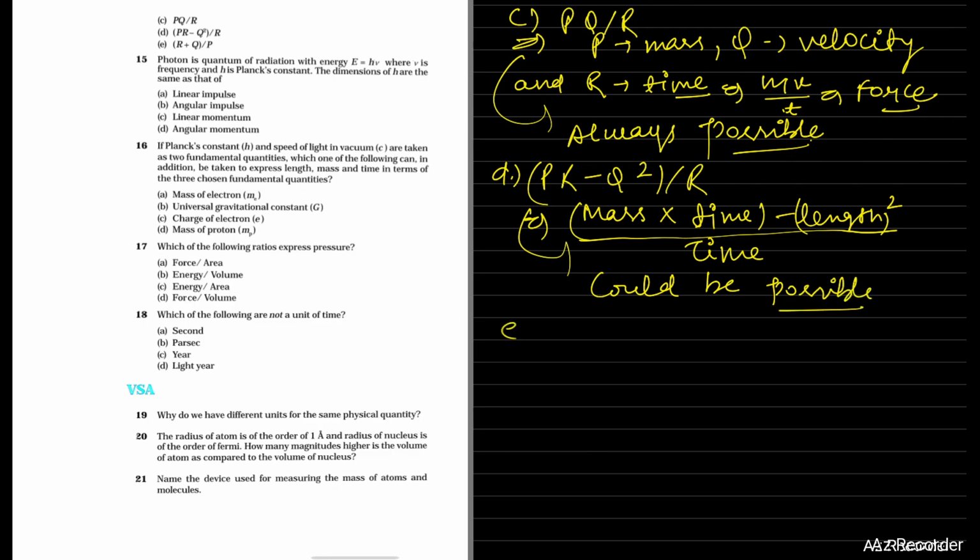Now option A. It is simply R plus Q divided by P. It is never meaningful.